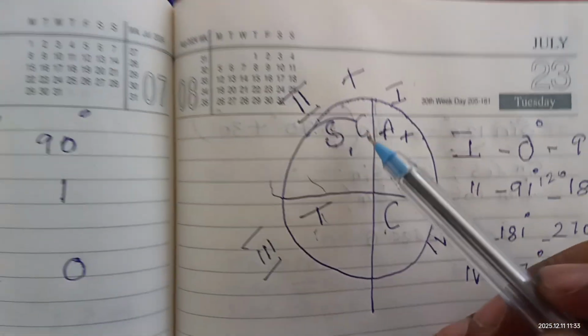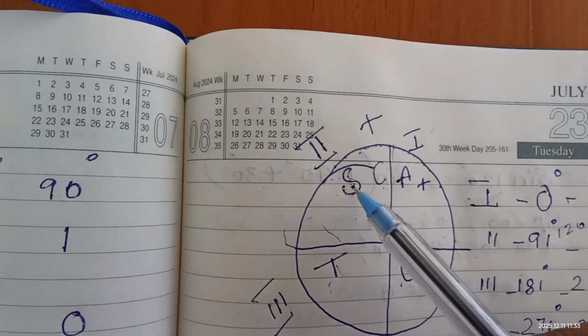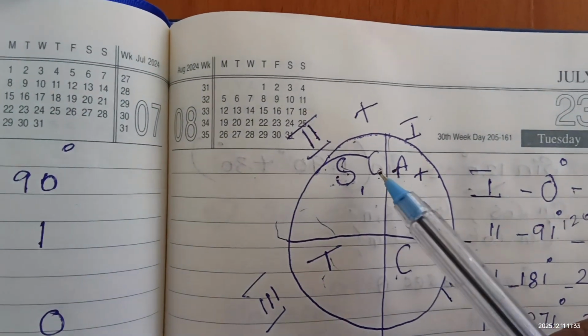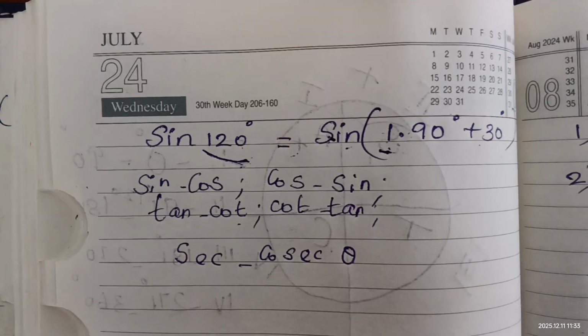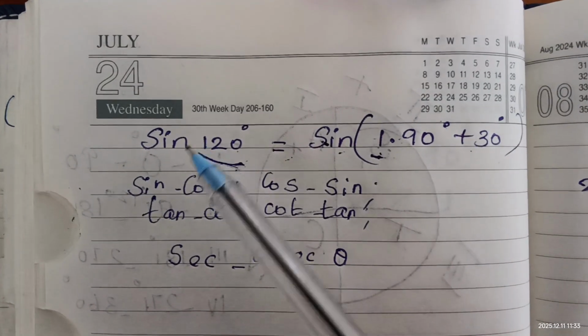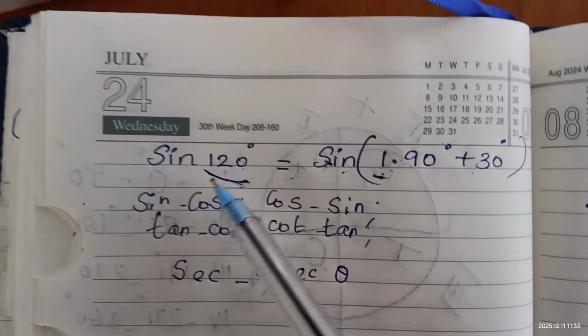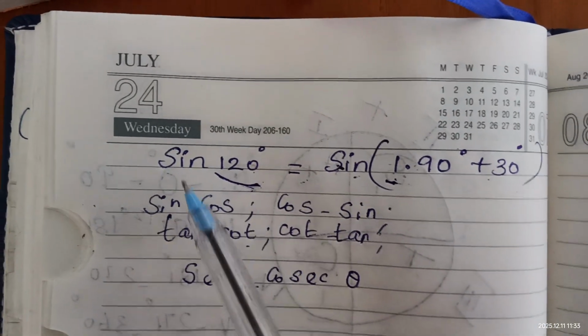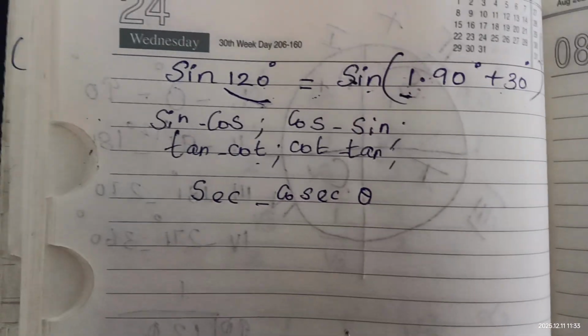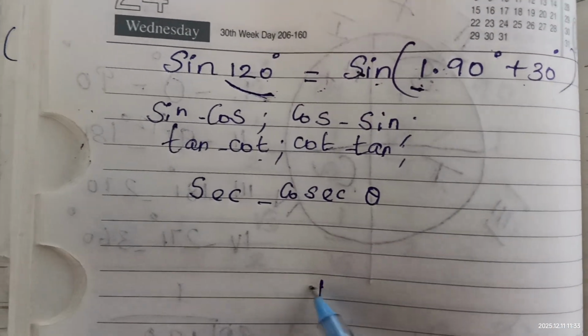So in the second quadrant, which are positive? Sine and its reciprocal cosecant are positive, right? So in the sum, sine is there. 120 lies in the second quadrant. In the second quadrant, sine is positive. So the symbol is positive.